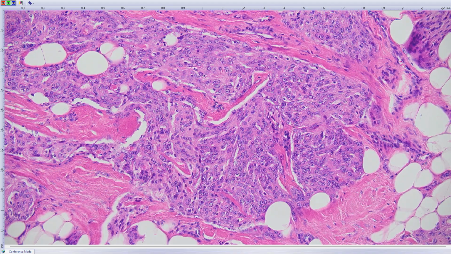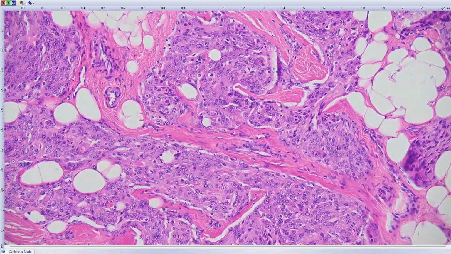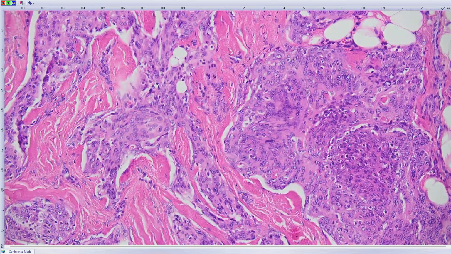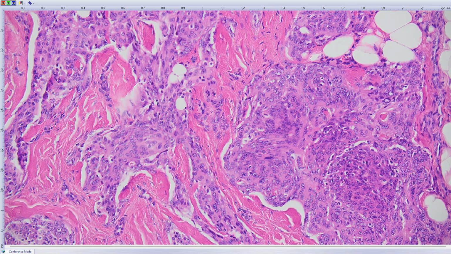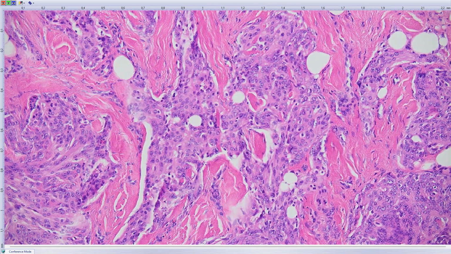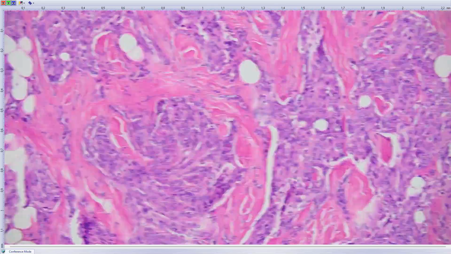So at least two features of the so-called soft criteria, which are used to distinguish between grade 1 and grade 2 meningiomas, are present. Otherwise, not very prominent mitotic activity was present, no necrosis was present, no small cell change was present. So we had only maybe 2 or 3 criteria.